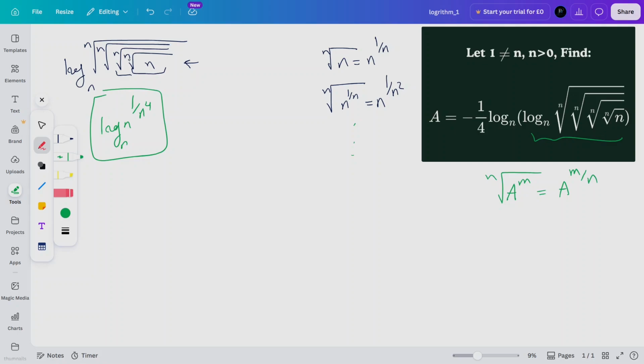Don't get confused again. We have 4 indexes here. That's why we just did that n to the power of 1 over n to the 4, because it was multiplied 4 times. So if I'm going to write A again, I can just rewrite A as minus 1 over 4 logarithm base n, and the argument for this logarithm is another logarithm with base n, and the argument is that n to the power of 1 over n to the power of 4.